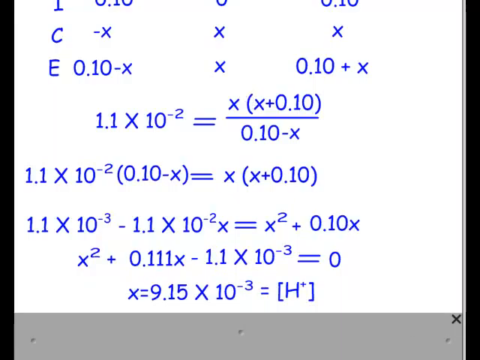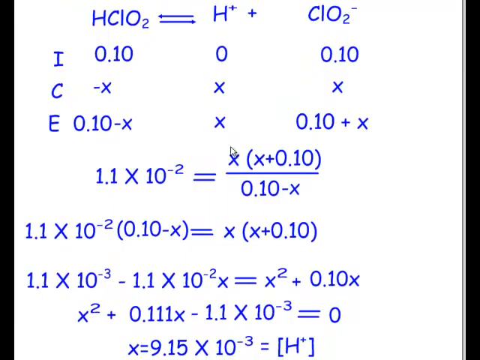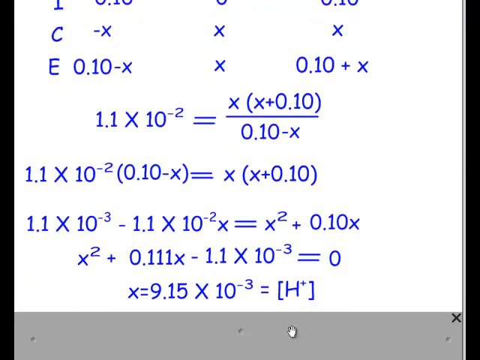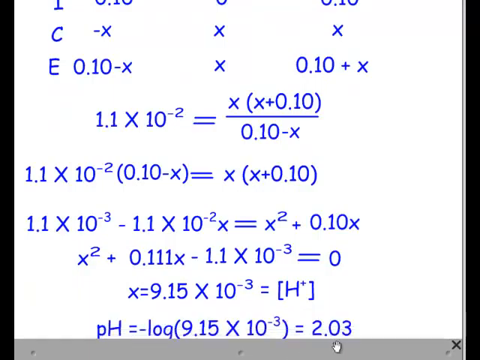Notice my icebox. X is, again, the H plus concentration. And a pH of 2.03. Look, exactly what we predicted.